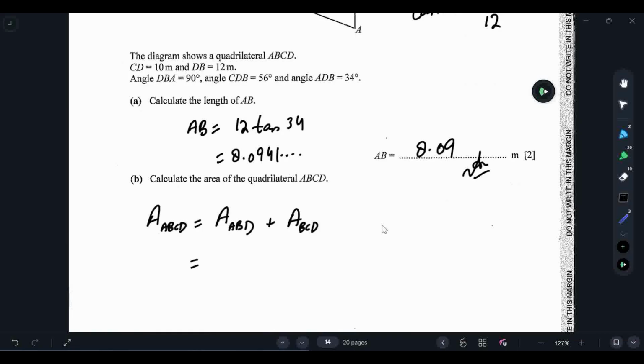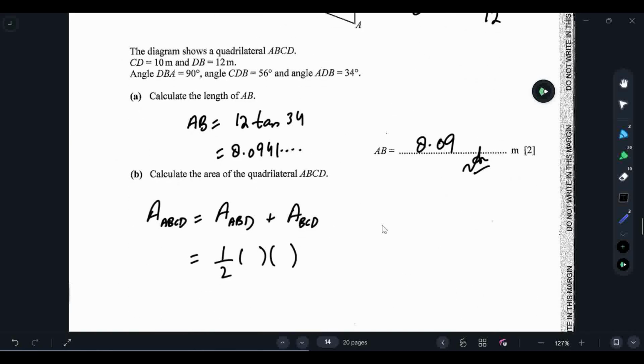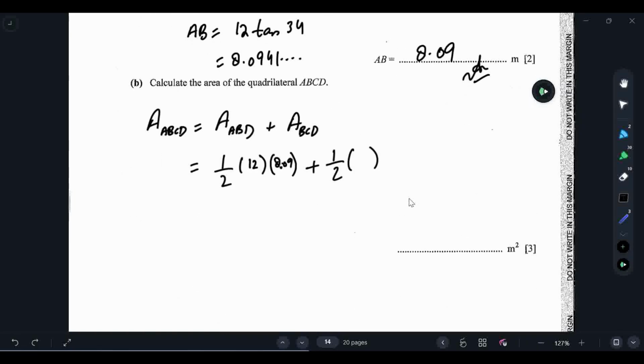Now this one is the right angle triangle, so 1 by 2 base into height, so 12 into 8.09. So 12 into 8.09 for the first one, plus for the other one 1 by 2 into adjacent sides. We can use the adjacent sides 10 and 12, so 10 into 12 sine of 34.